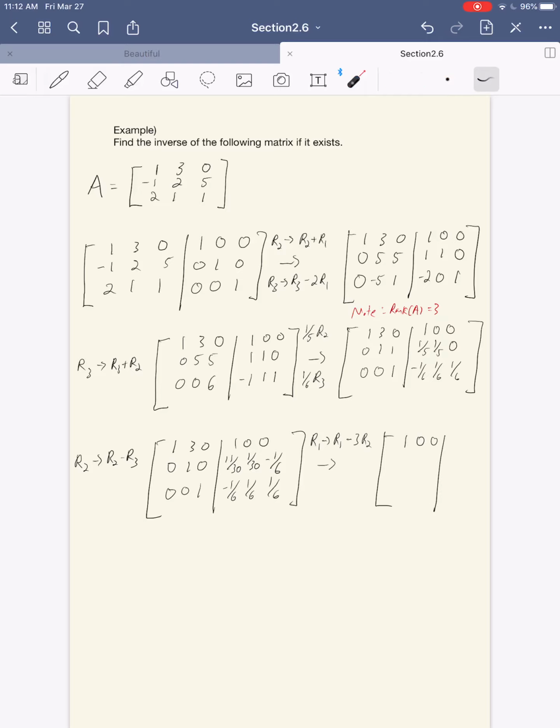A little bit messy here, but we're going to take 1 and subtract 3 times 11 over 30, which is 11 over 10. So that'll be 10 over 10 minus 11 over 10, which is minus 1/10. Then we've got 0 minus 3 times 1 over 30, so that's minus 1/10 as well.